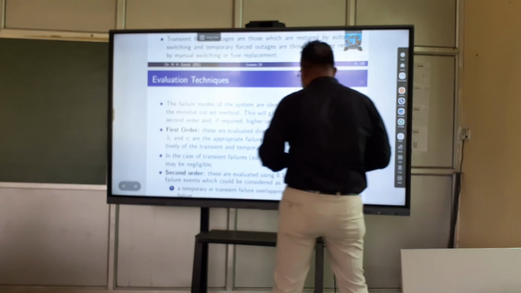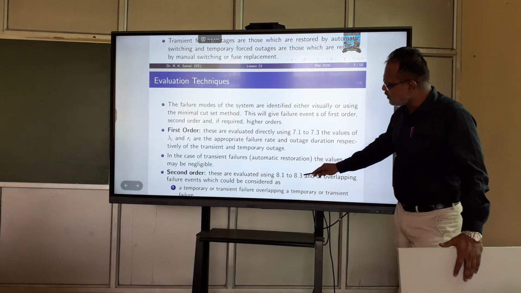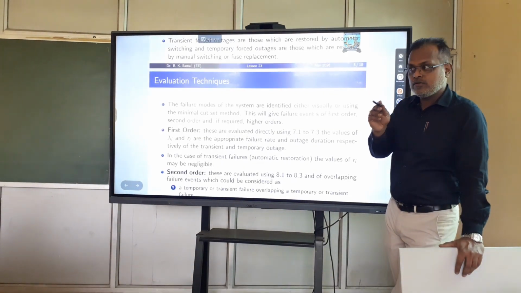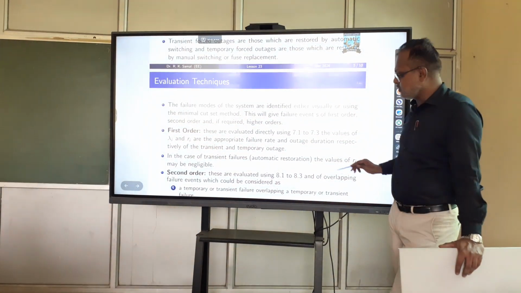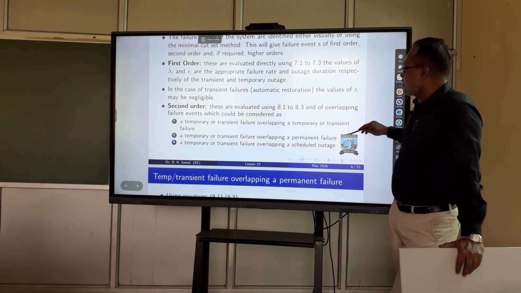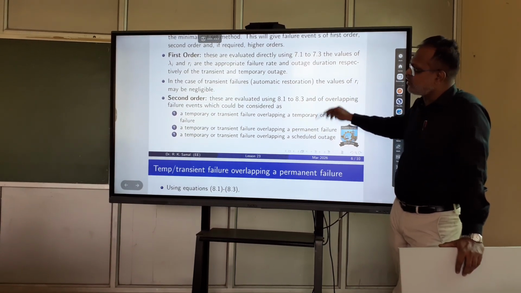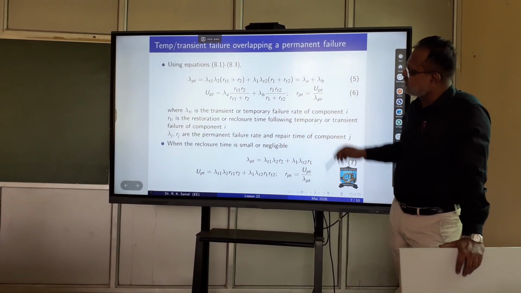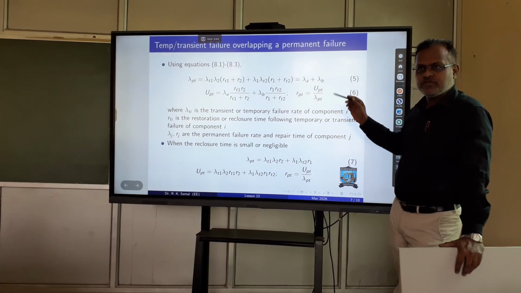Okay. Second order events are found using equations 8.1 to 8.3, which are for the parallel system, two component system. That was covered in the last class. So these are such events, second order events. These are the equations which can be derived using 8.1 to 8.3.